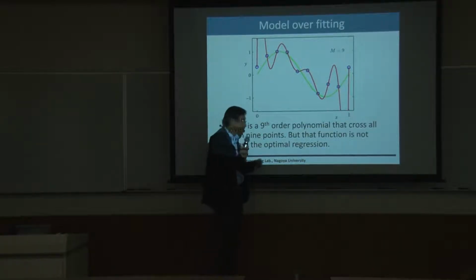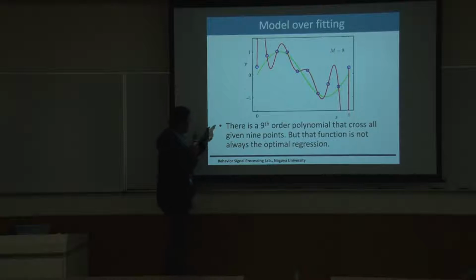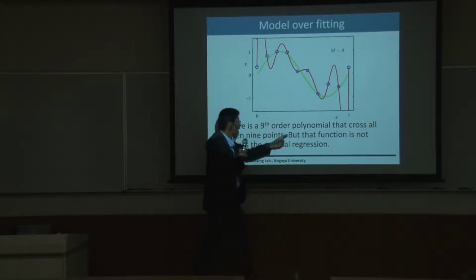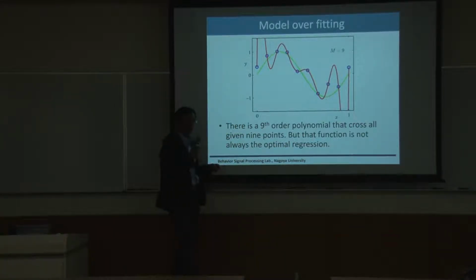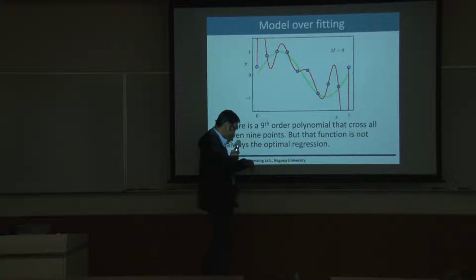Again, there is a 9th-order polynomial that crosses all given 9 points, but that function is not always the optimal regression. So how can we avoid this kind of overfitting?